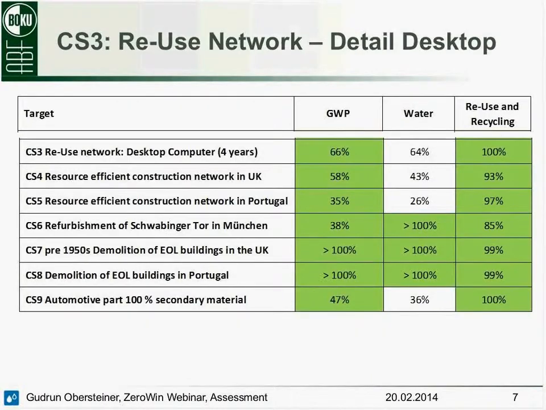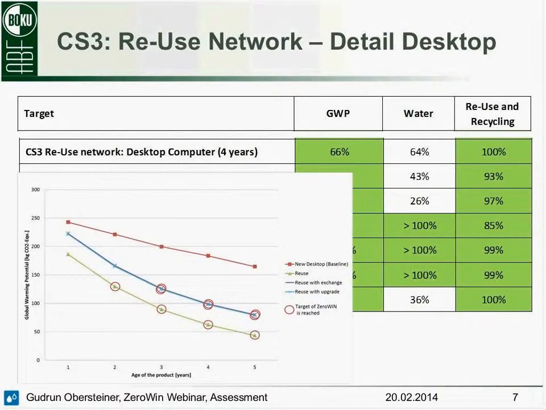For the reuse network, I just want to show you a detail from a desktop computer. Here, of course, the savings that you can reach depend very much on the age of the product. The older the product, the higher the savings. And if you have to exchange parts or do an upgrade, of course, your results will not be as good as if you can take an older computer and use it instead of a new one.